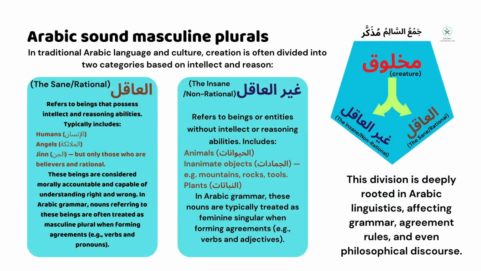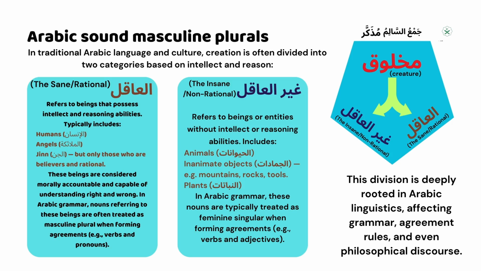In traditional Arabic language and culture, creation, or makhluq, is often divided into two categories based on intellect and reason. The creation is subdivided into aqil and ghair aqil. Aqil, the sane or rational, refers to beings that possess intellect and reasoning abilities, typically including humans, angels, and jinn.